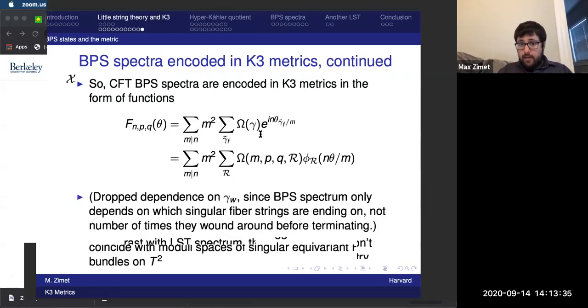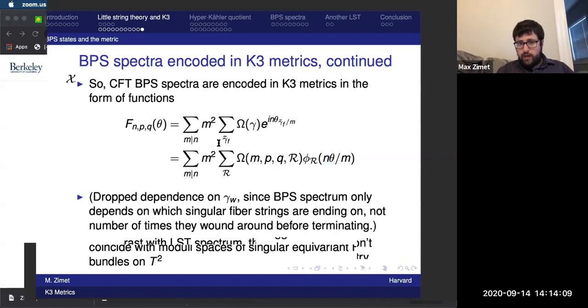Okay, so now I can say something of interest, hopefully, to mathematicians, namely that already in these K3 metrics, which we're going to study from the Higgs branch point of view, these CFT BPS spectra are encoded in the form of these metrics.